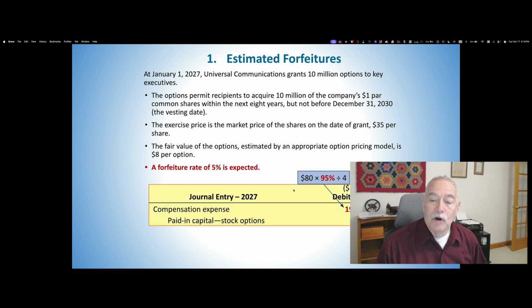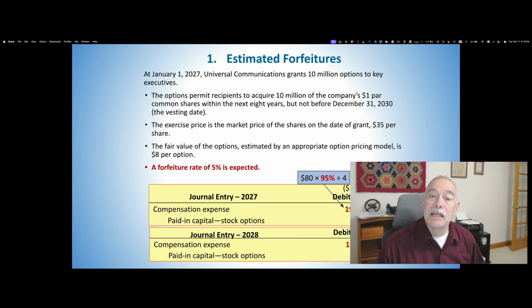That is, we're going to take 80 million times 95%, that is 1 minus the 5%, and that's going to give us 76 million divided by 4, and we'll have 19 million in the first year, debit compensation expense and credit paid in capital for stock options. And again for the second year, 2028.